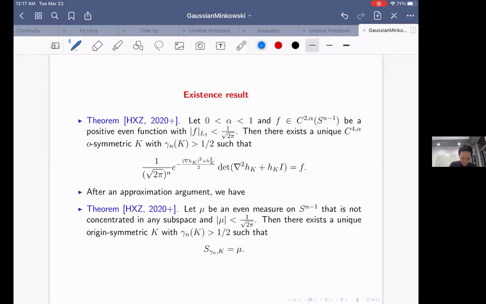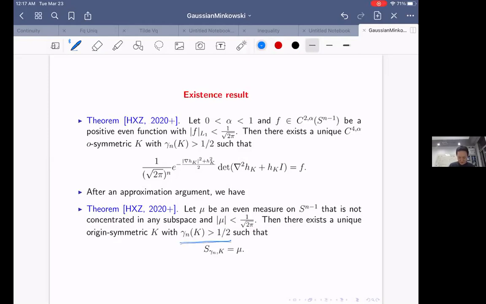And after an approximation argument, we will have the solution for the even measures. If mu is an even measure on S^{n-1} and the total mass is smaller than 1 over square root 2 pi, then we will find the solution, satisfying the Gaussian measure of K larger than a half, and it's unique under this assumption.